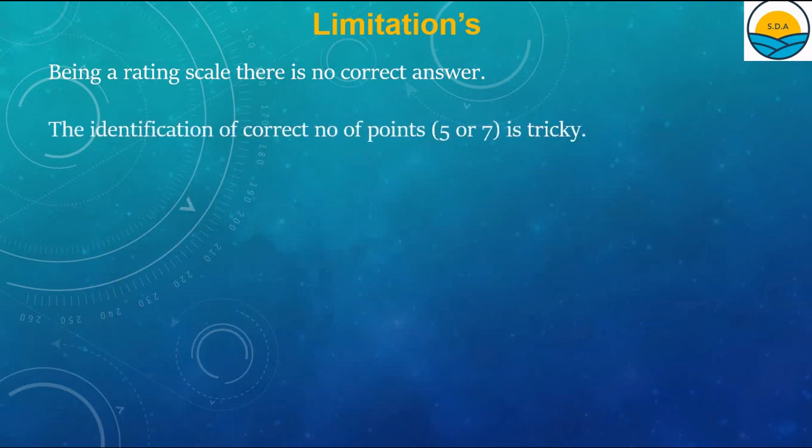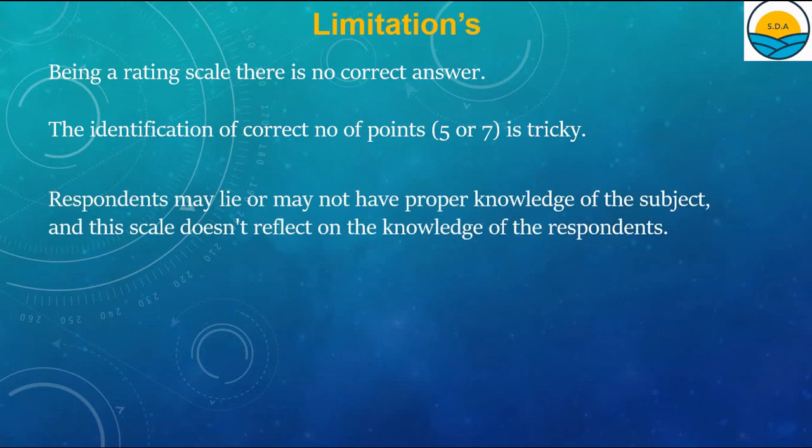Then again, identification of the correct number of points, whether it has to be a 5-point scale or 7-point scale, is a little tricky. Like any other scale, this scale is also vulnerable to the respondent's integrity. Respondents may lie or may not have even proper knowledge of the subject, and this scale doesn't reflect the knowledge or the integrity of the respondents.